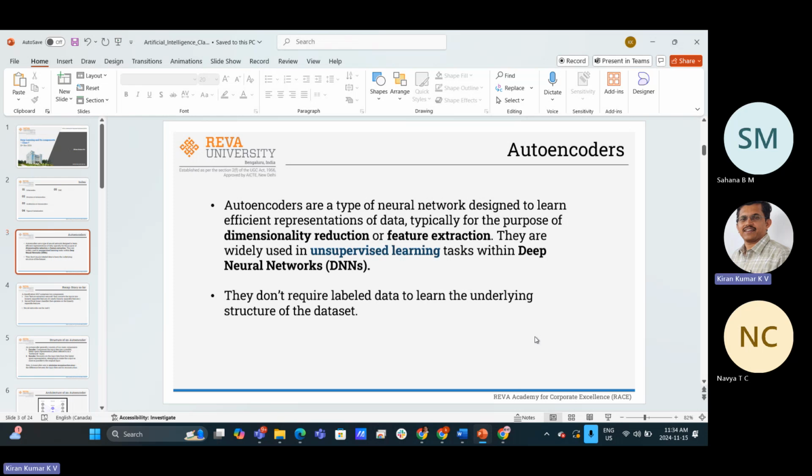Those are the two main important functionalities of autoencoders. Here we don't require labels to represent some data, as we did in classification.